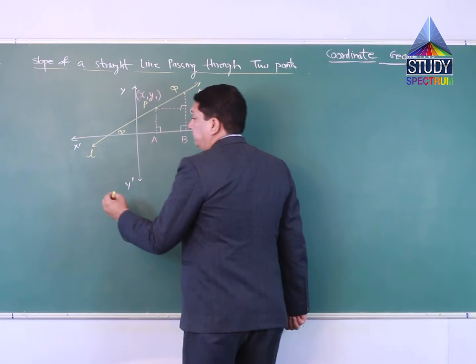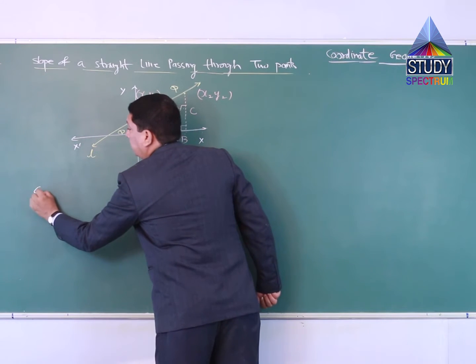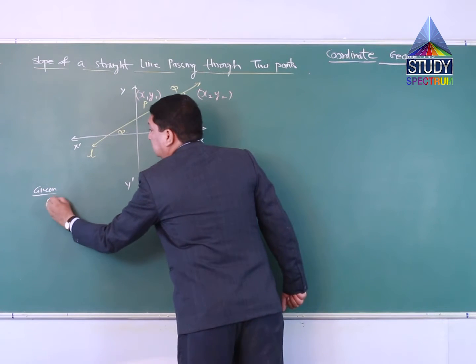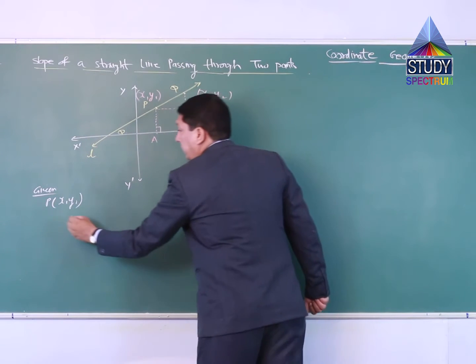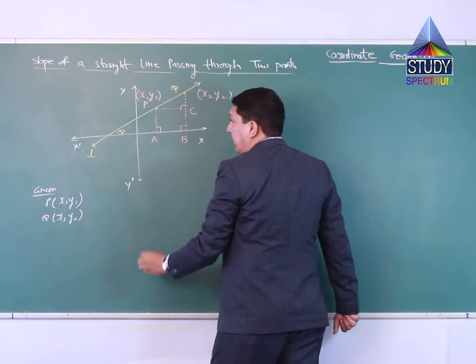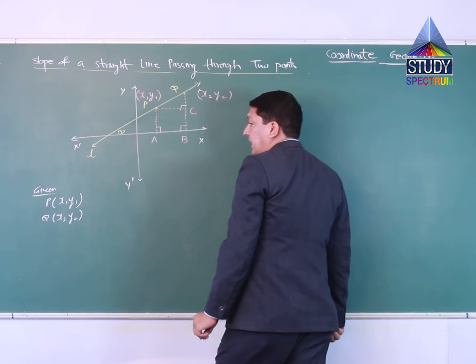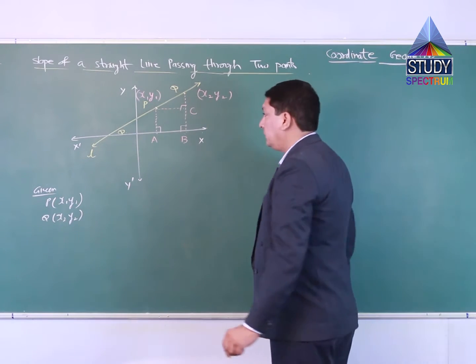So given to us, P has got coordinates x1, y1, Q has coordinates x2, y2, and line L making an angle theta with x-axis.